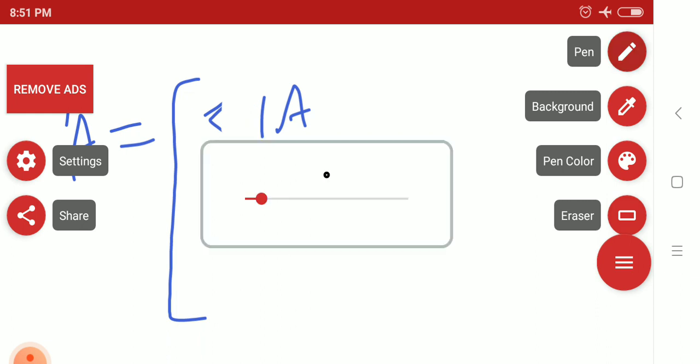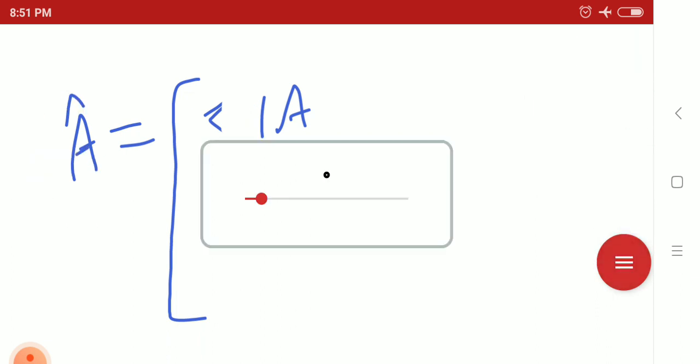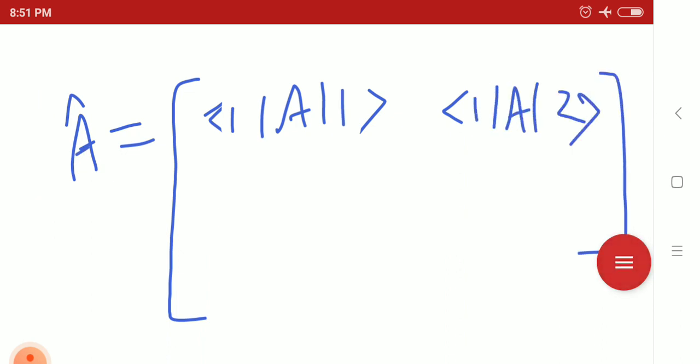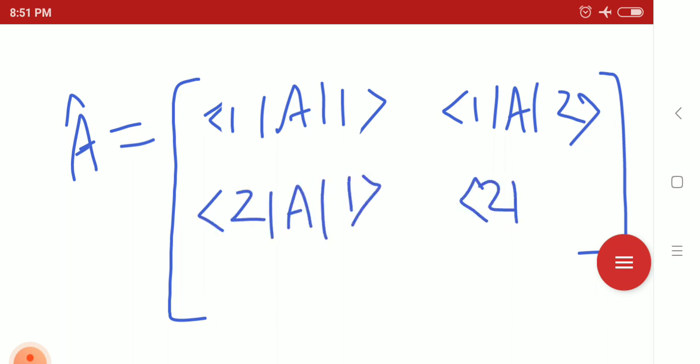Suppose we have a 2 by 2 matrix, you can write it as bra 1 A ket 1, bra 1 A ket 2, bra 2 A ket 1, bra 2 A ket 2. This way we can construct a 3 by 3 and an n by n matrix.